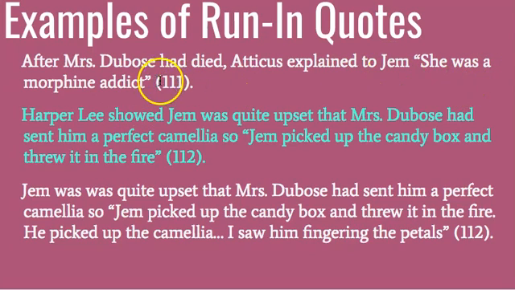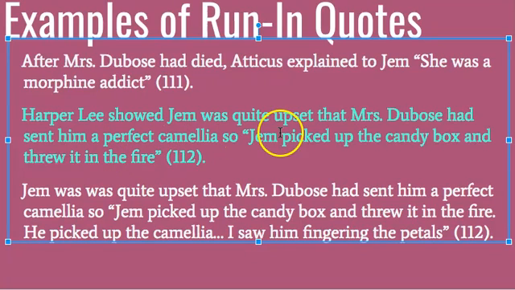And again, look at the proper formatting. So it's weird to me not to put the period inside here or a comma or anything, but it's just the page number and the period on the outside. The reason why the author's name probably isn't here is because if you're writing about a piece of literature, you probably mention that at the beginning of your essay, so you don't have to put the author's name again, just the page number.